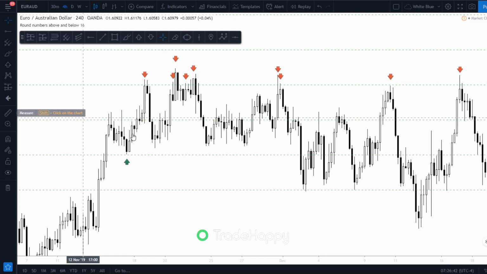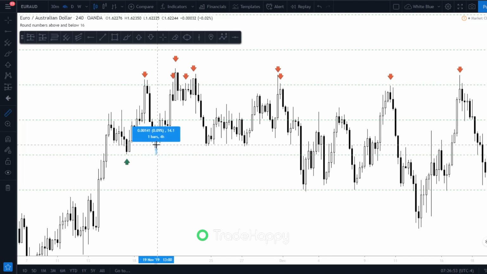So right here, let's say you got short here and it came through down here, I would expect the market to at least go to 20 pips, which it does. So right there is 20 pips above this round number. And if we got down to this round number here, I'd expect it to go 20 pips below.